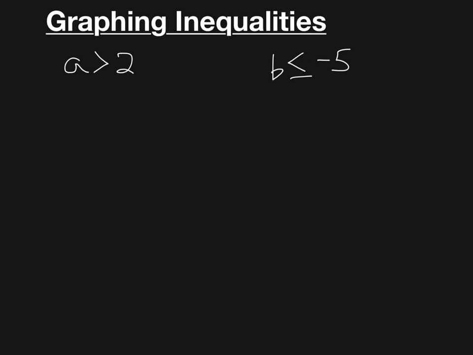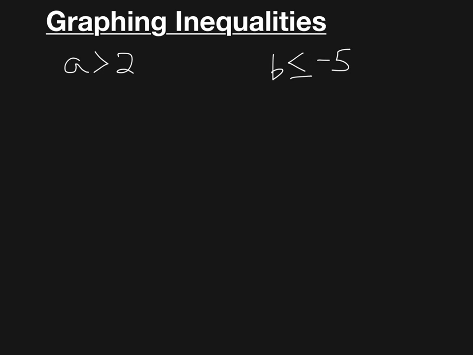So when we're thinking about equations, let's say if it was a equals 2, we would think about this, right? We just know a is 2. There's only one value for a. But when we have a is greater than 2, it actually means a can be a lot of different numbers, right?